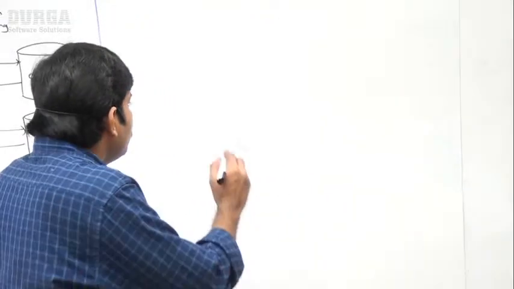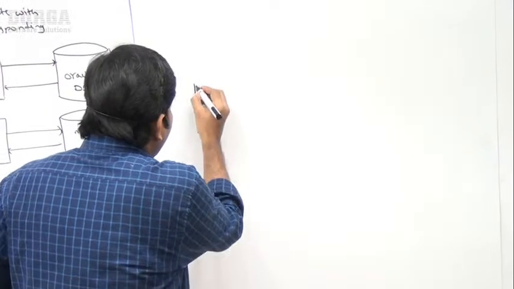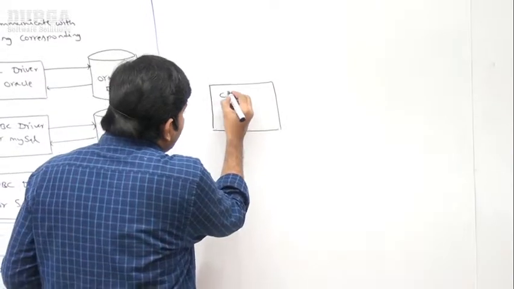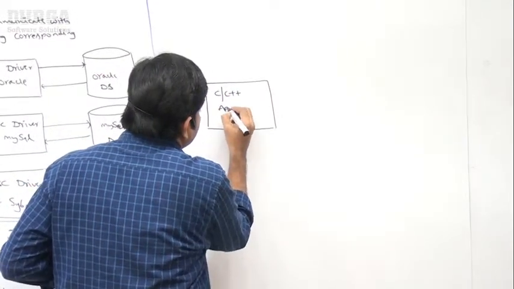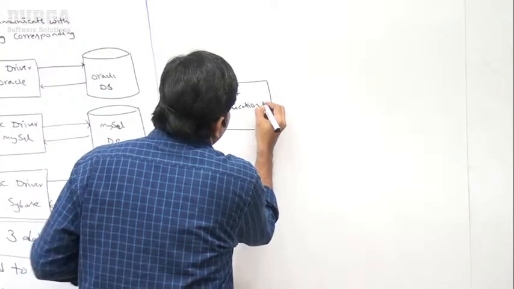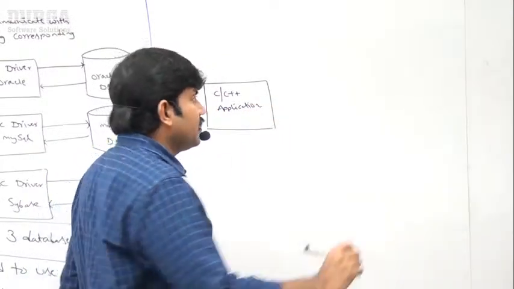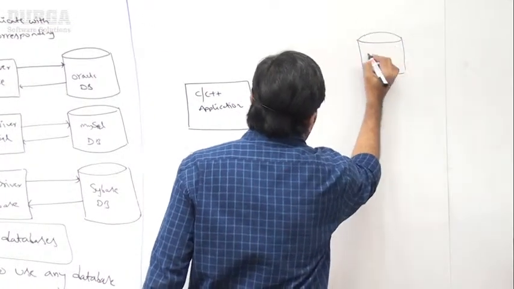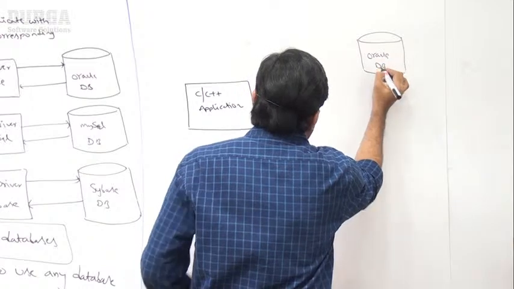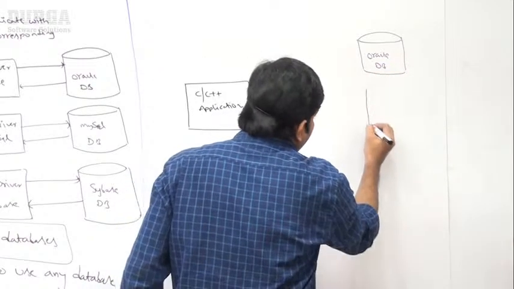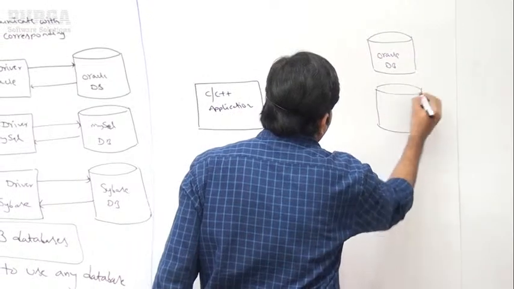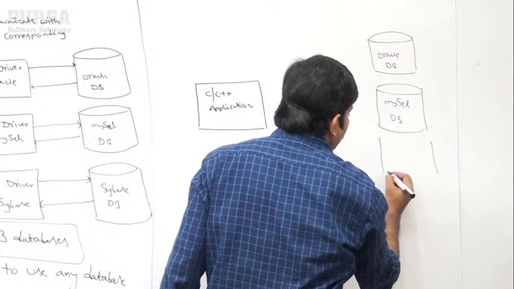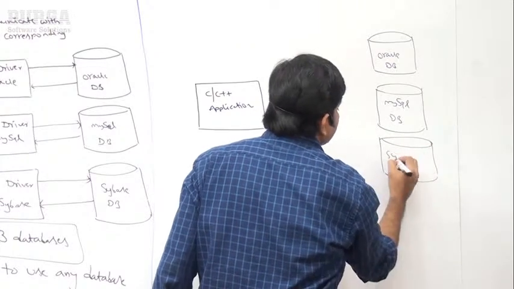Just observe this. Assume I am writing a C or C++ application. Now I have three different databases: the first is the Oracle database, the second is the MySQL database, and the third is the Sybase database.